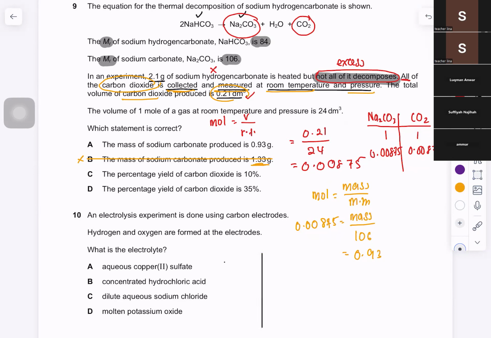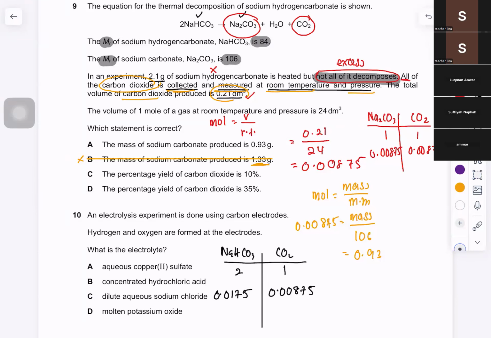Ratio dia is between the sodium hydrogen carbonate, sodium carbonate, CO2. 1 dengan 2. And then 0.00875 times 2. So then you got the 0.0175.